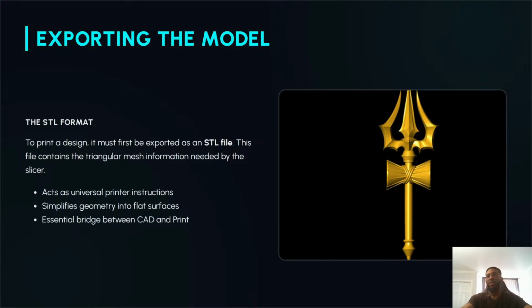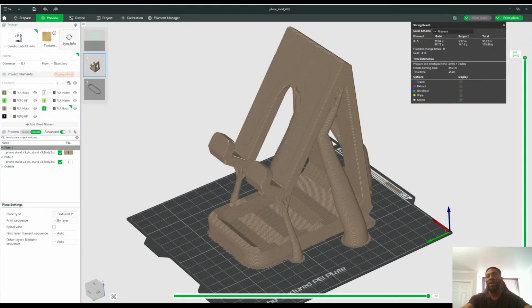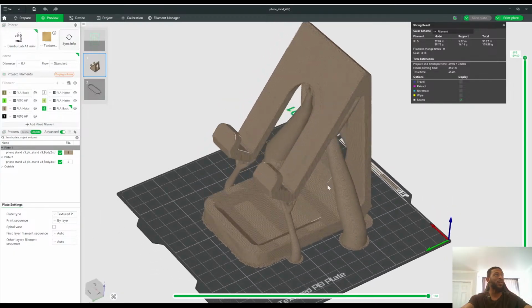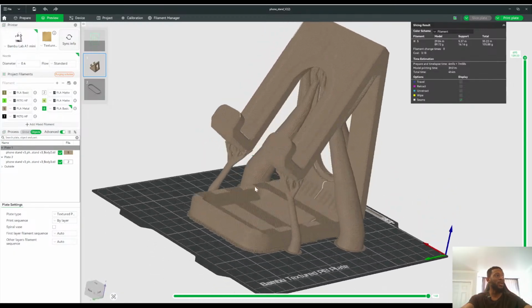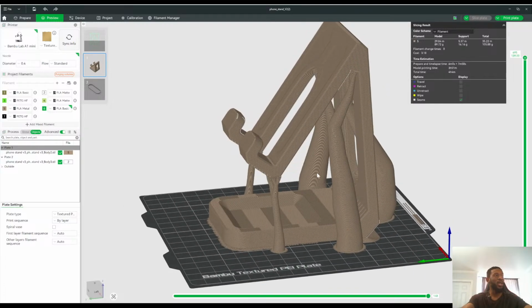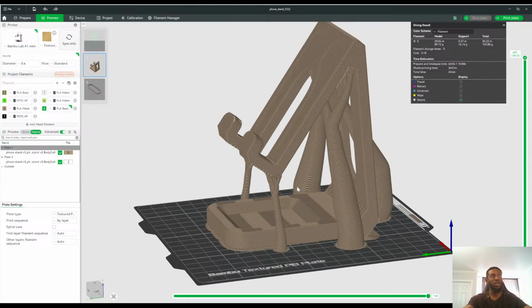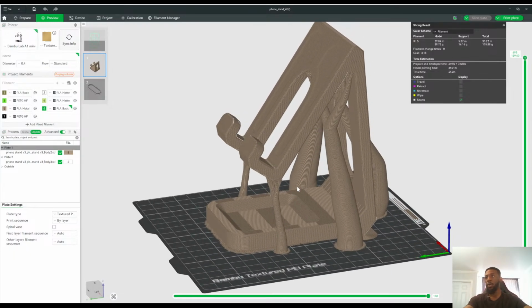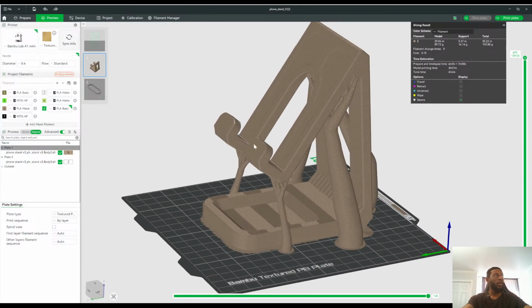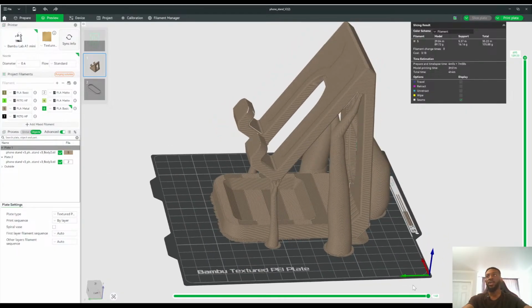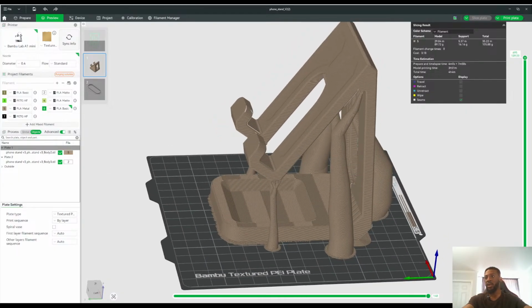Which means that this file that you're seeing in Bamboo Studio is already an STL file. I had to convert it into an STL file before it was sent here. And in day one and day two, I believe I showed you how to convert your model from a drawing file into an STL file that the 3D printer can read and understand.